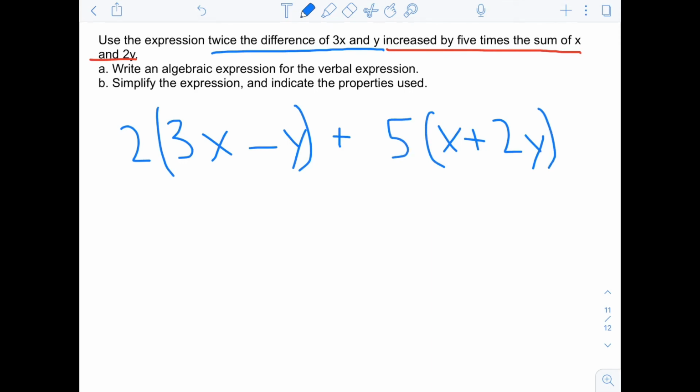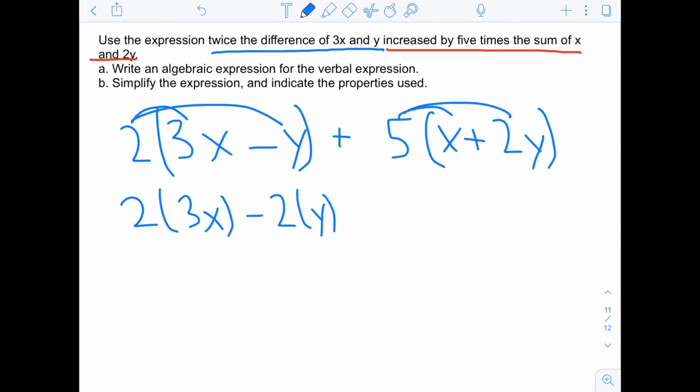So now let's simplify the expression and indicate the property used. To simplify, we're going to use the distributive property. So 2 times 3x minus 2y plus 5x plus 5 times 2y. And we use the distributive property there.